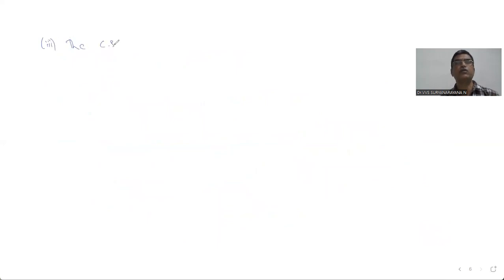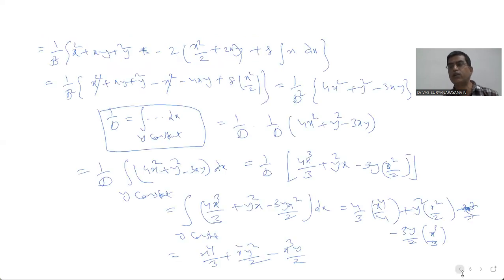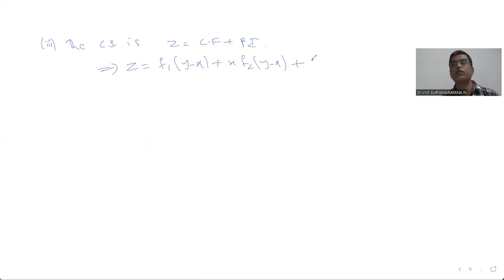So the complete solution is z equal to CF plus PI. So z equal to CF, f1 of y minus x plus x into f2 of y minus x, plus this particular integral: x power 4 by 3.